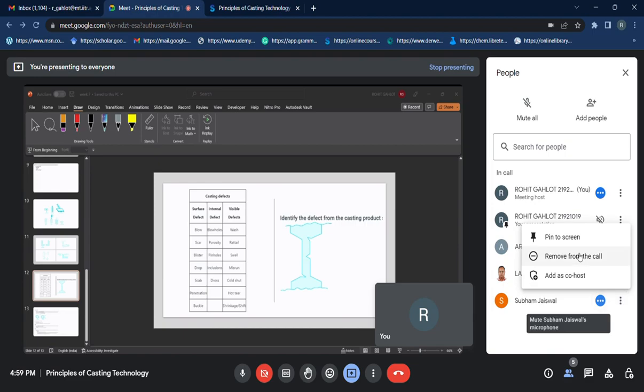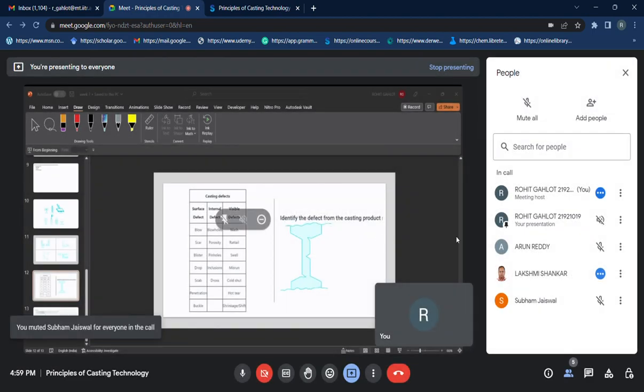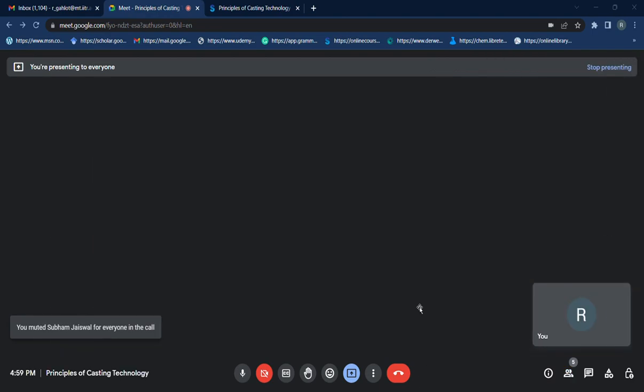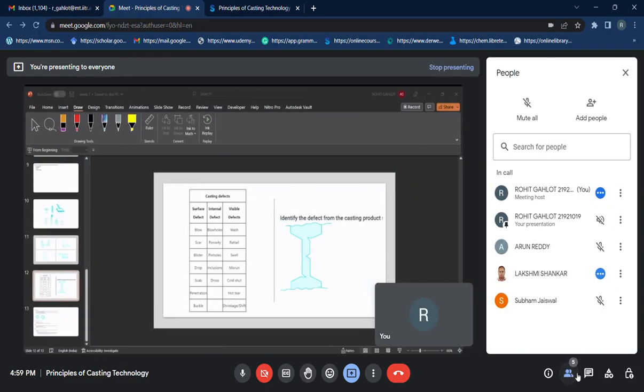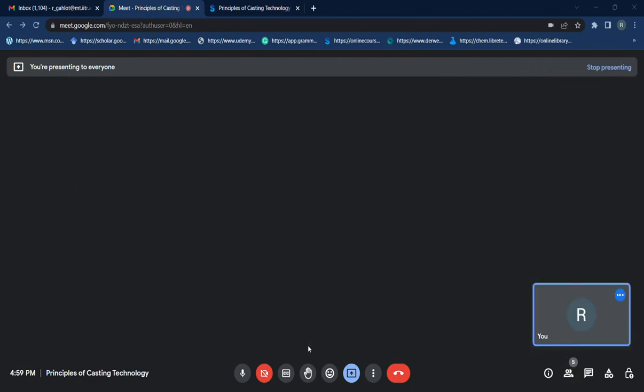This is a surface defect, right? Can you name which defect this is, among cold shut, misrun, hot tear, or shrinkage defect? It is one of these four.